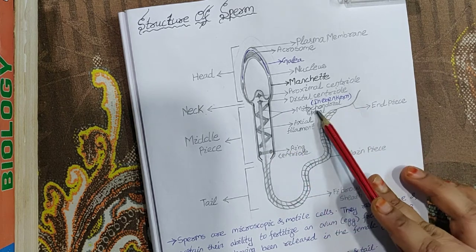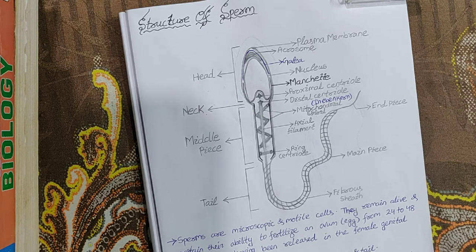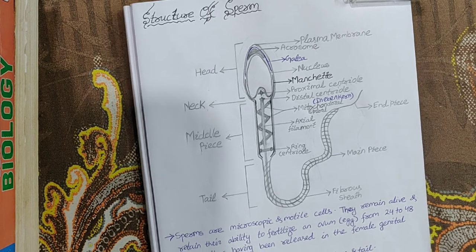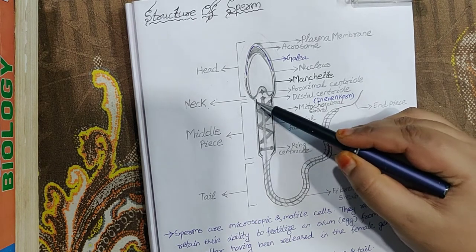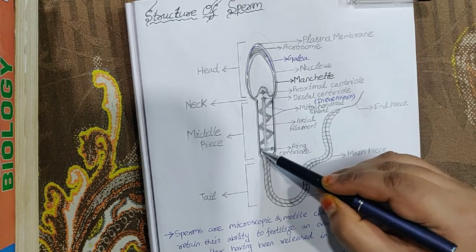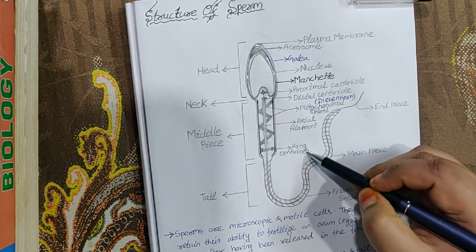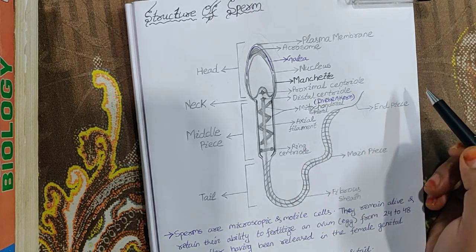That's why it is also called the powerhouse of the sperm. At the end of the middle piece, from here to here, we will see two centrioles. It is called the ring centriole, and its function is yet unknown.